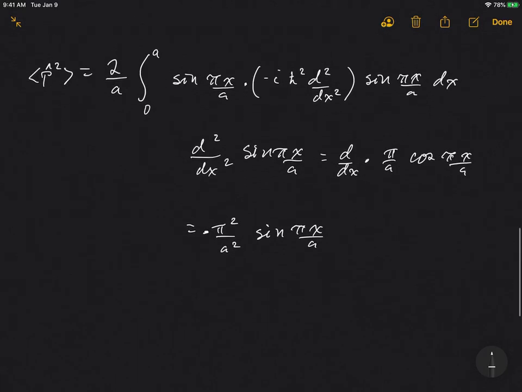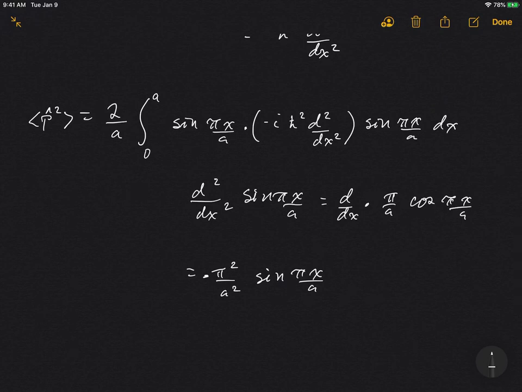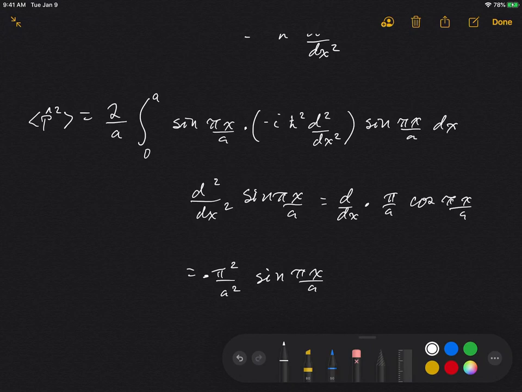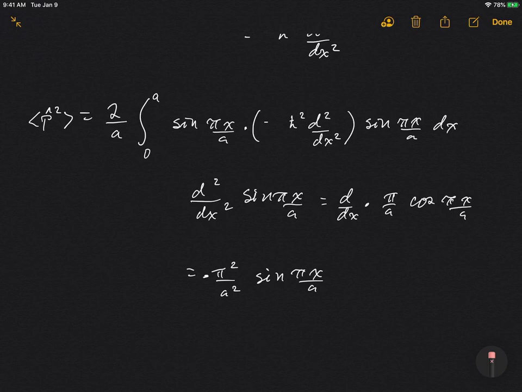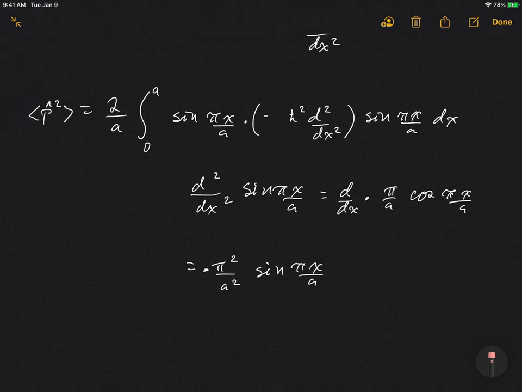Okay, so then let's bring this constant and the, oh, I noticed a little error here. There's no i there, it's just minus h bar squared d squared dx squared.